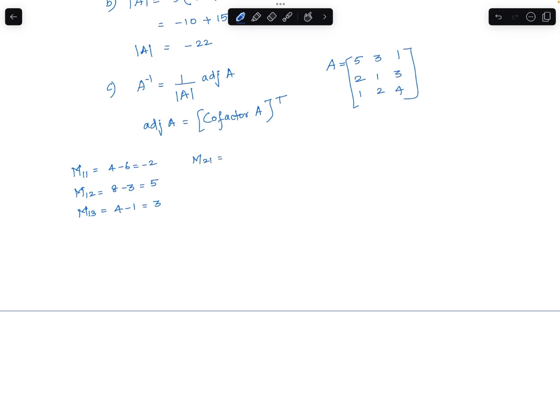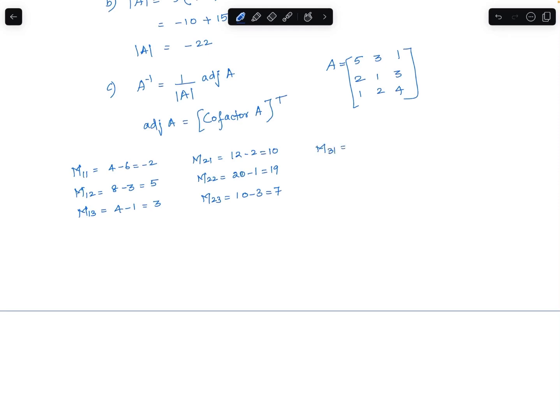M21 is 12 minus 2, which is 10. M22 is 20 minus 1, which is 19. M23 is 10 minus 3, which is 7.